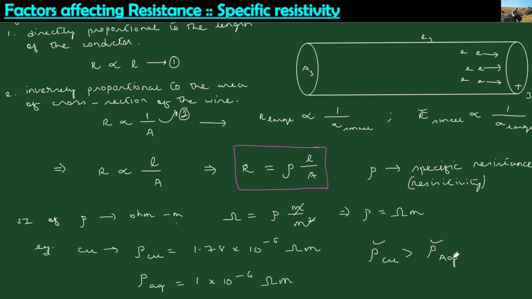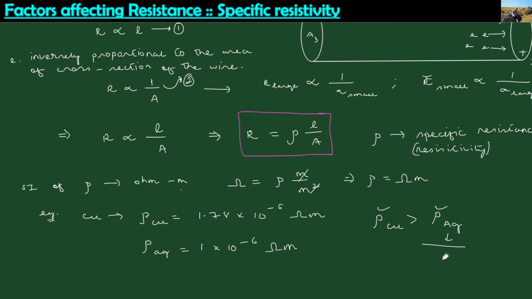So if copper has larger resistivity than silver, which means that the material which has the smaller value of resistivity will be smaller. So when that is smaller, it means that this material is what? Is the best conductor. So if you want to get good conductors, the resistivity should be small.